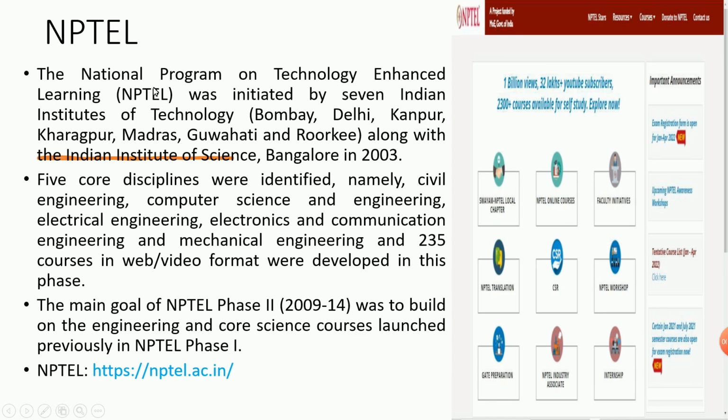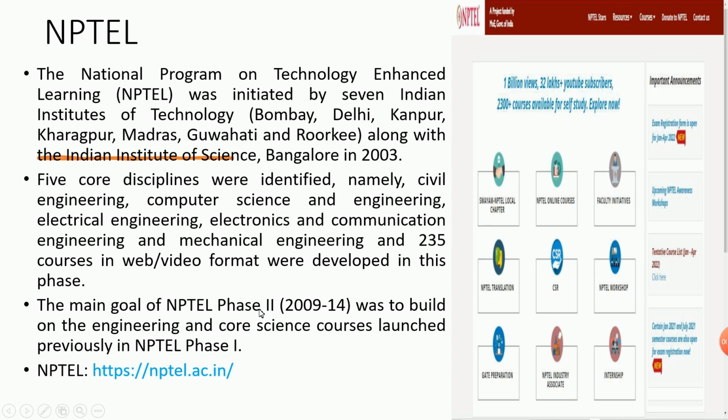So who organized NPTEL? These 7 Indian Institutes of Technology, 7 IITs, Bombay, Delhi, Kanpur, they have formed this consortium. There, 5 core disciplines were identified, like civil engineering, computer science. Since it is technology enhanced learning, this website mainly focuses on the engineering part.